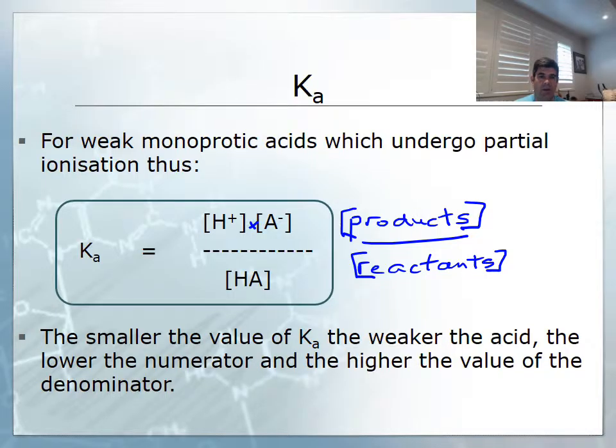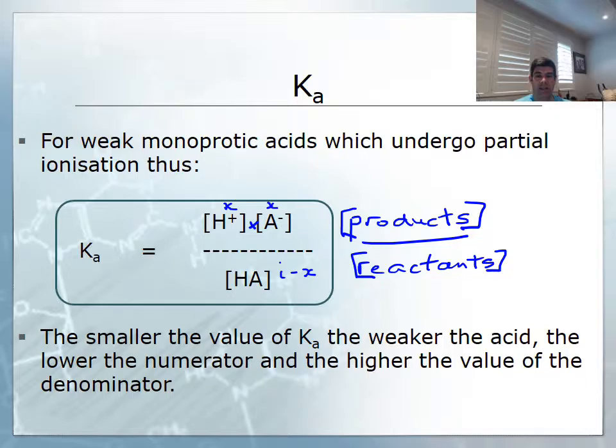So we multiply the concentration of H plus ions by A minus ions. And generally speaking, if the acid is a monoprotic acid, these two will be equal. So if this is X, then this will also be equal to X. And then the HA concentration will be whatever the initial concentration was, minus presumably X if the ratios are 1 to 1 to 1.